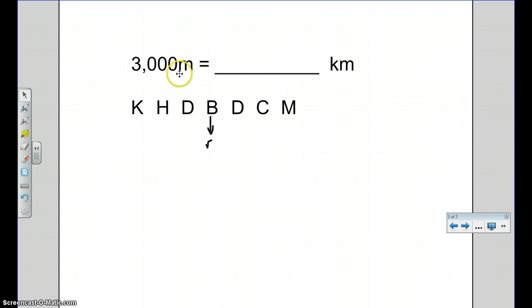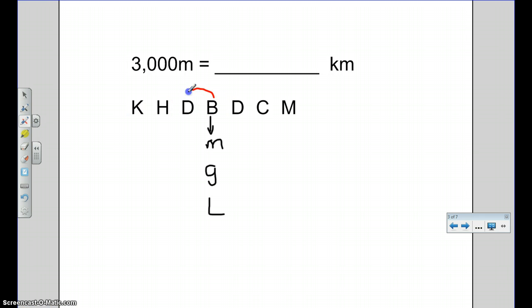Then I go back to my question, and I realize that my original number is in meters. Do you remember where the meters live? They do. They live right here in the base system. That's where my meters, my grams, and my liters live. So I have to think about 3,000 meters, and I want to take it to kilometers. So which way am I going to be moving this time?